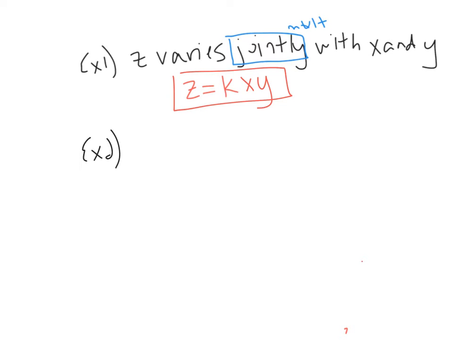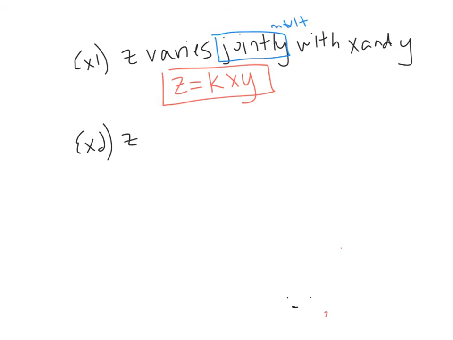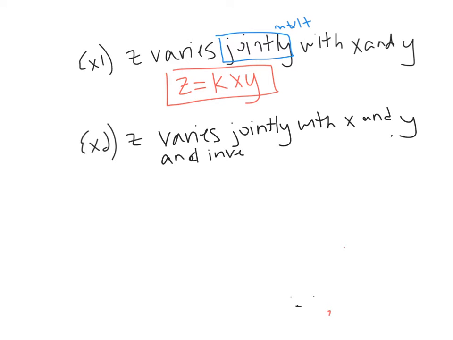So let's try another one. What if we have z varies jointly with x and y, and inversely with w.